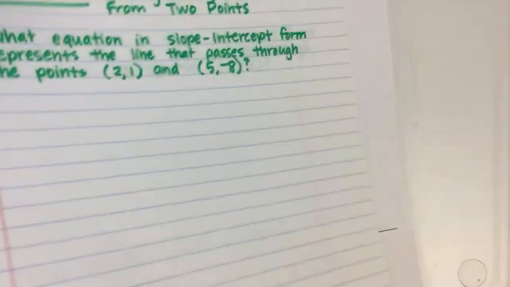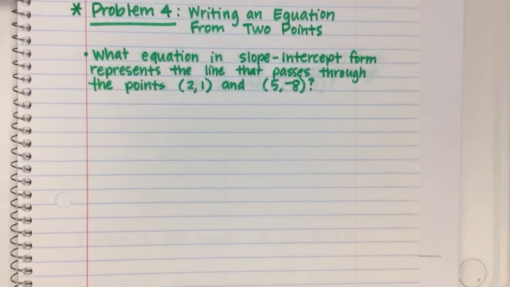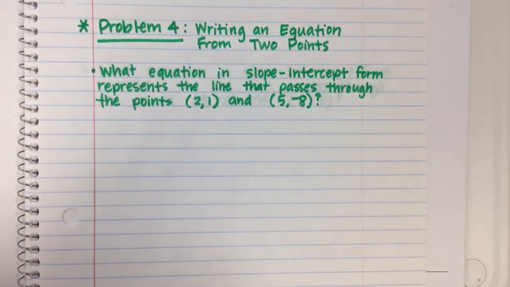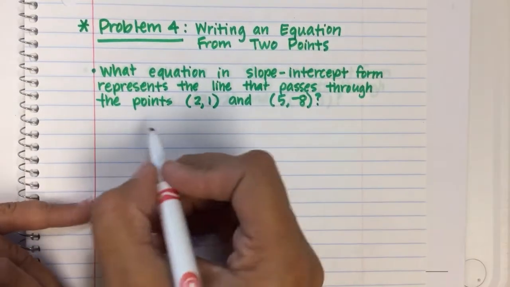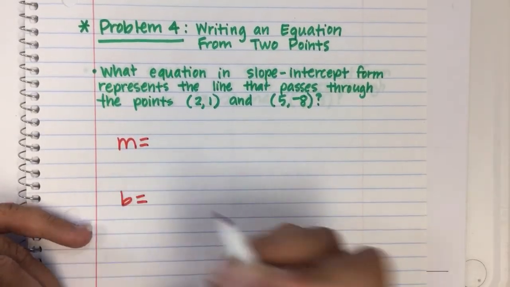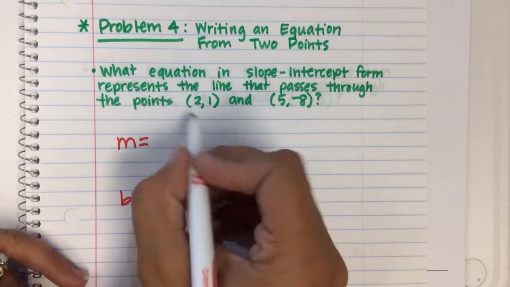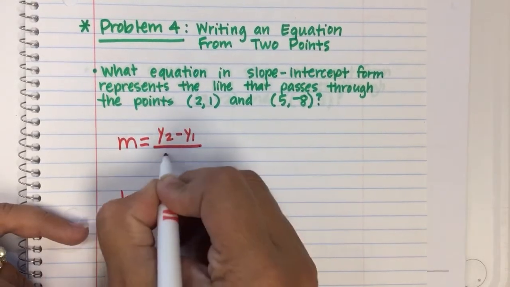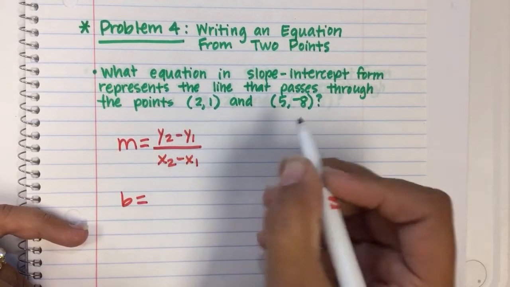All right, the last type: writing an equation from 2 points. What equation in slope-intercept form represents the line that passes through the points (2, 1) and (5, -8)? So I've got to find the slope and the y-intercept. I'm going to have to use the slope formula, y2 minus y1 over x2 minus x1.